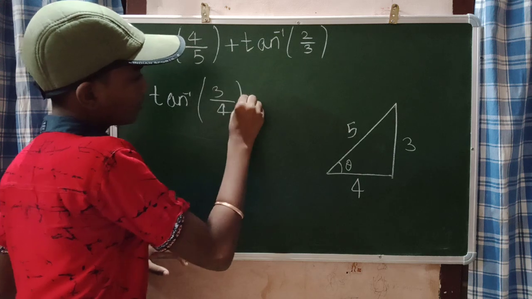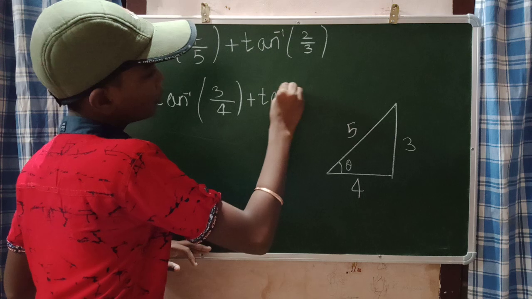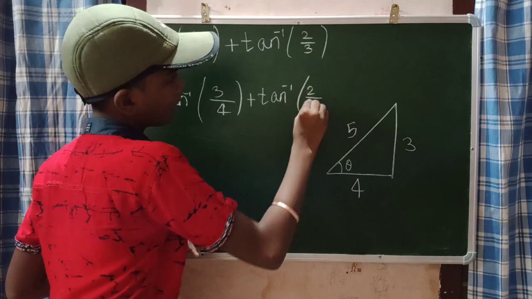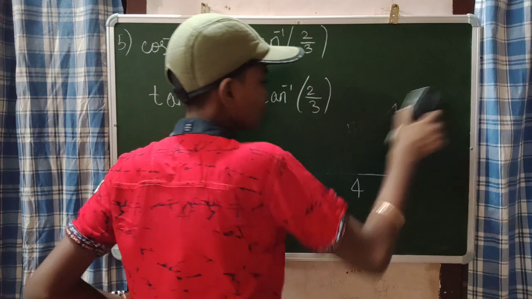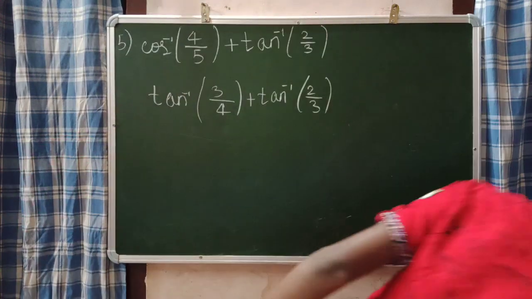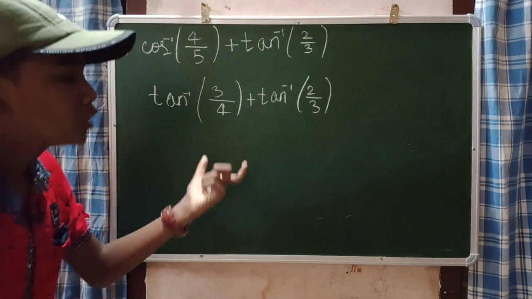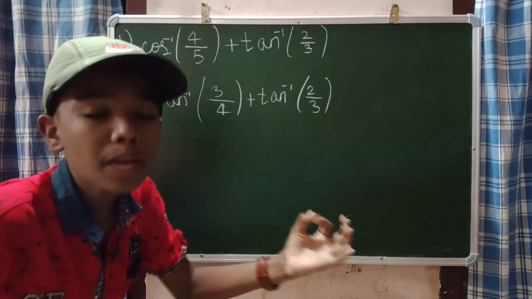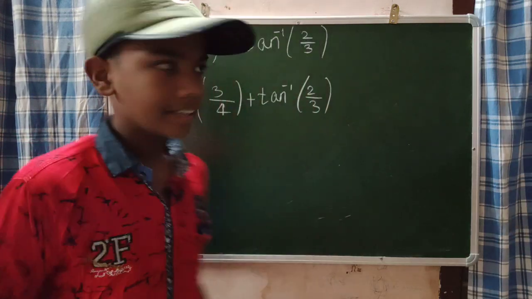Then plus tan inverse of 2 by 3. This is what I am having. Now guys, there are no special formulas. I am going to use our inverse trigonometric formulas only. It looks like the form tan inverse of A plus tan inverse of B, which is tan inverse of A plus B divided by 1 minus AB.